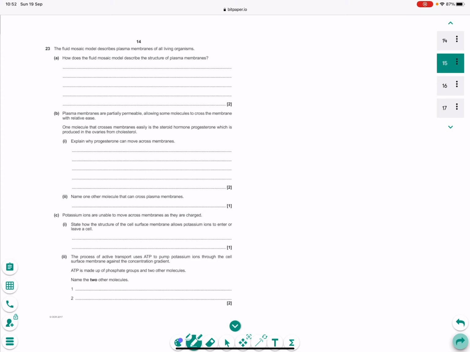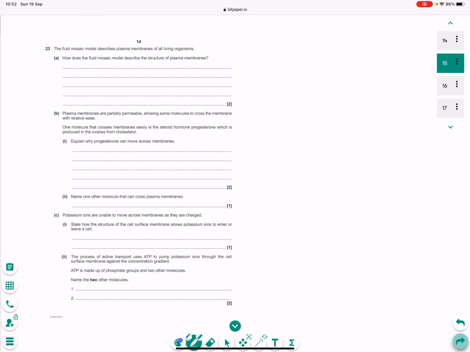23. The fluid mosaic model describes plasma membranes in all living organisms. 23A. How does the fluid mosaic model describe the structure of plasma membranes? Okay, this is basic stuff.